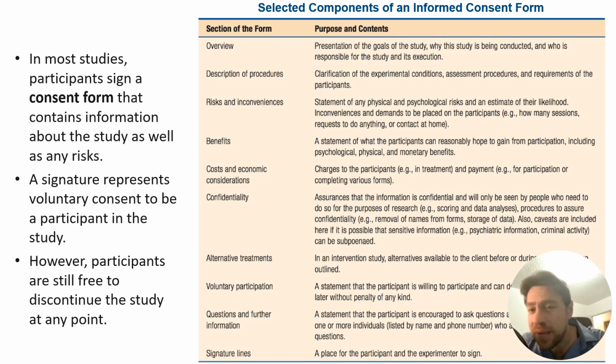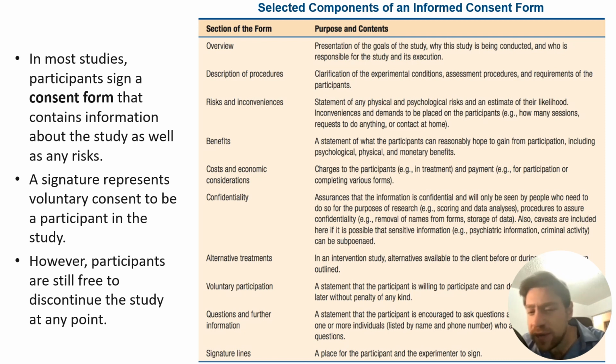What is the study about? Description of procedures. What will the study actually entail? Will you hear things? Will you see things? Will you feel things? What does the study actually consist of? Any risks or inconveniences? Any benefits?